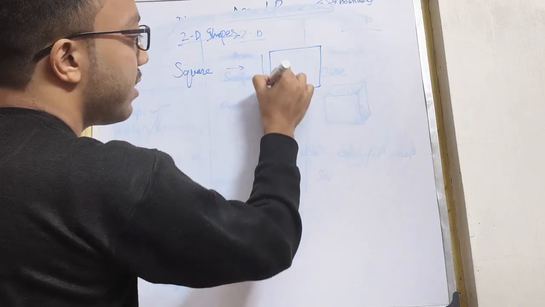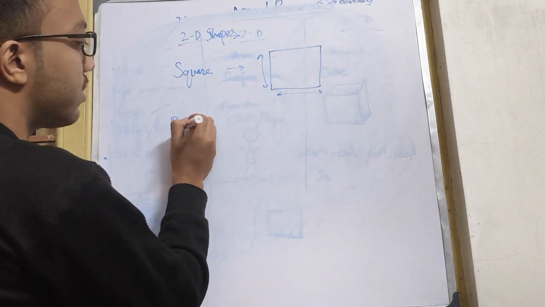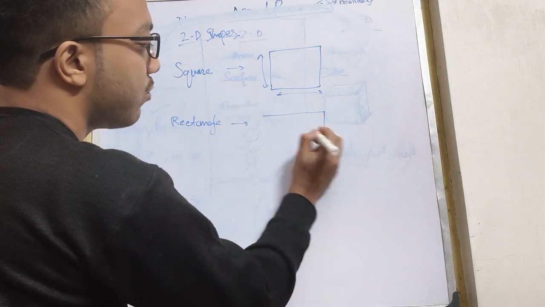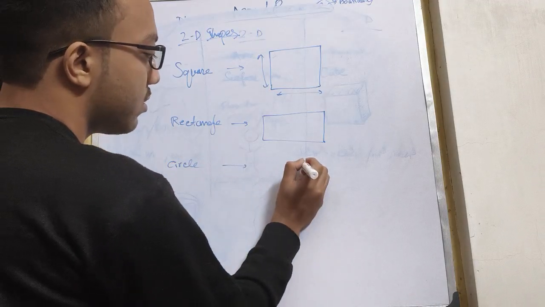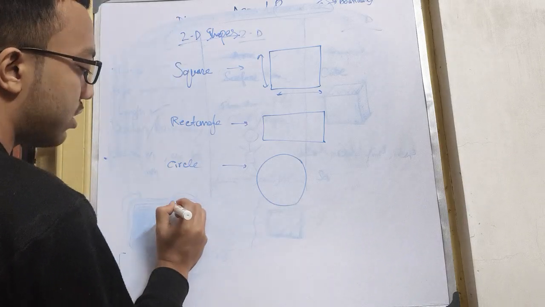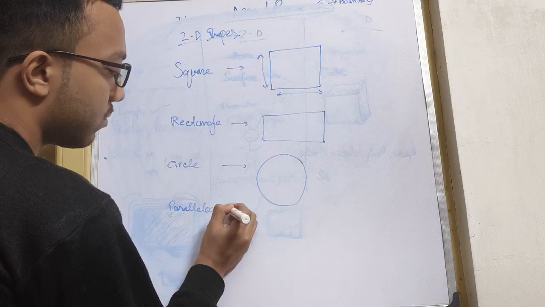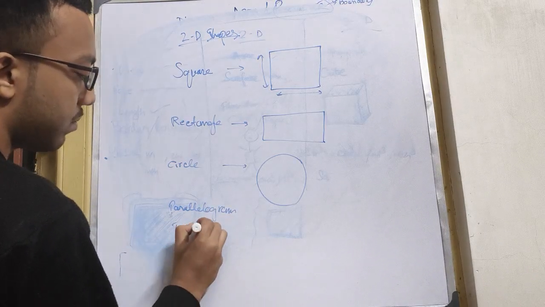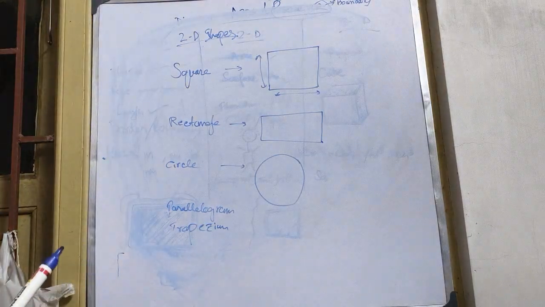The length and breadth will be equal. We'll learn about them, I'm just giving some overview. Rectangle, the length will be longer, the breadth or width will be shorter. Circle, like this. And also there are parallelogram and trapezium. Like that. So we'll learn in the next parts of this lecture also.